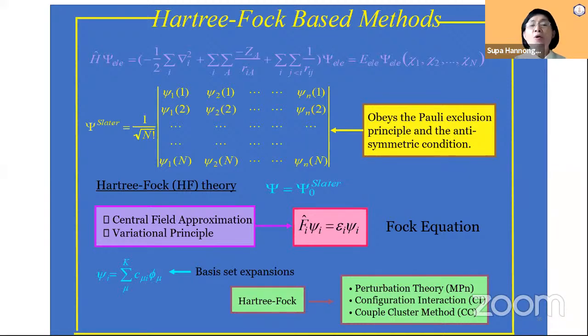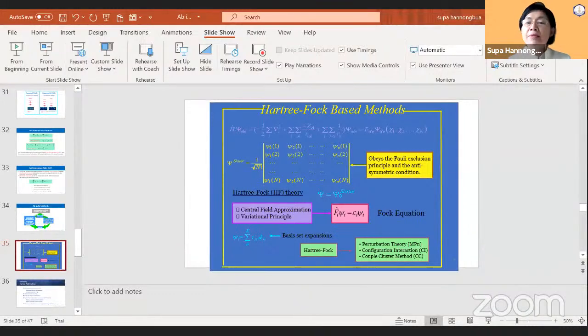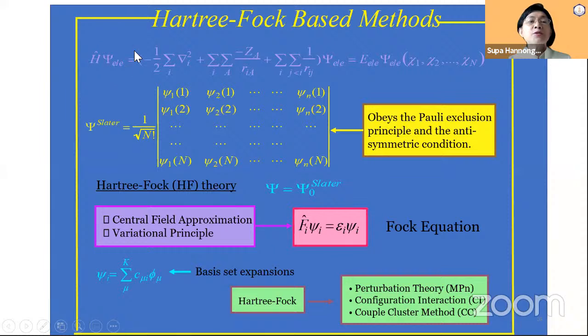And this is the whole picture of Hartree-Fock based methods. It means we have the Schrödinger equation. You remember that we introduced this: the one electron terms and the two electron terms operate on the wave function, and then we get the energy eigenvalue and the same function.